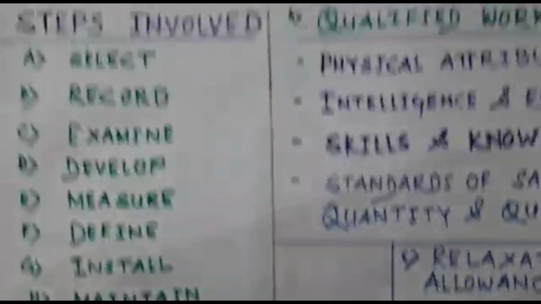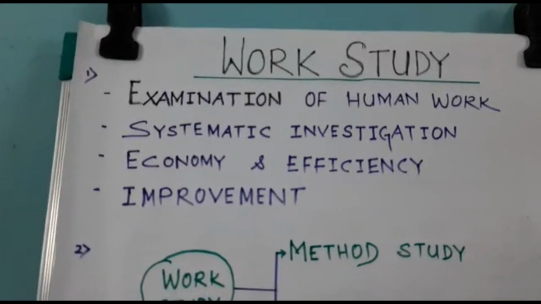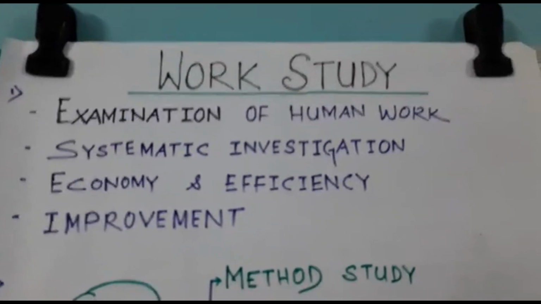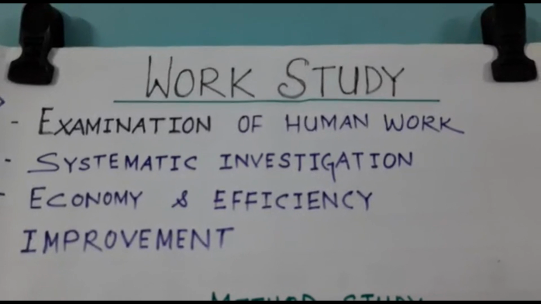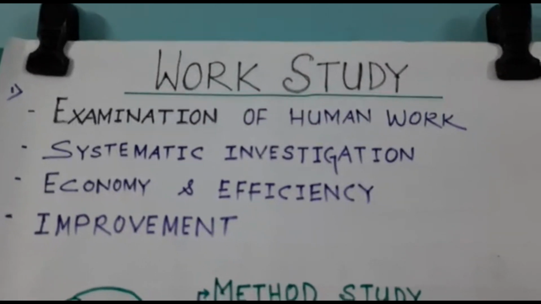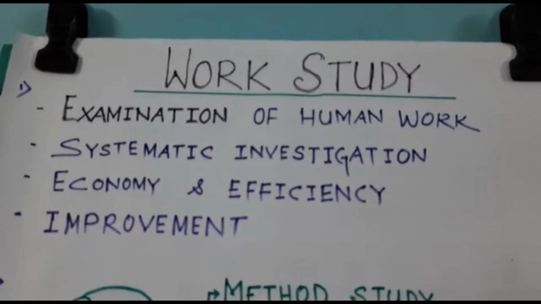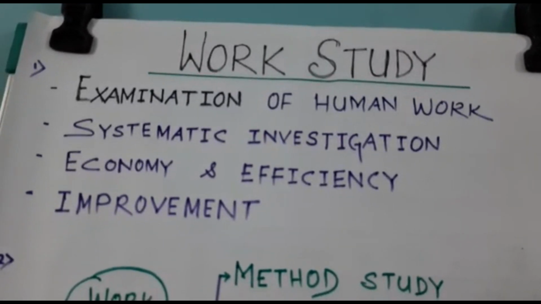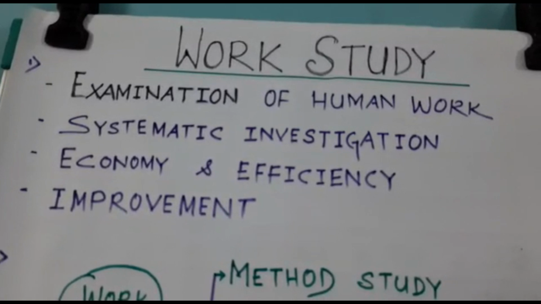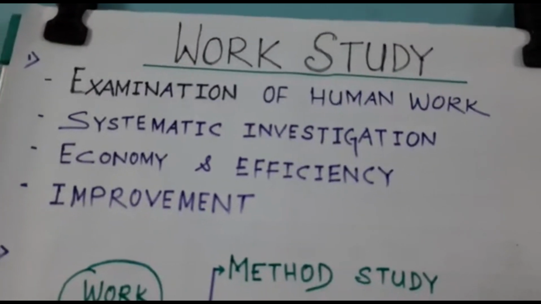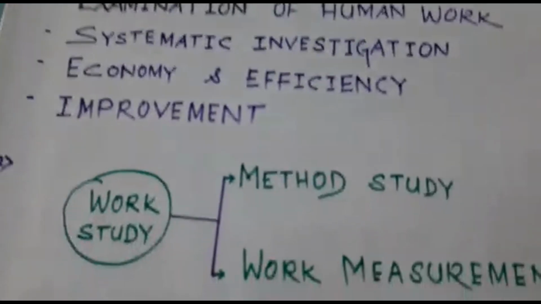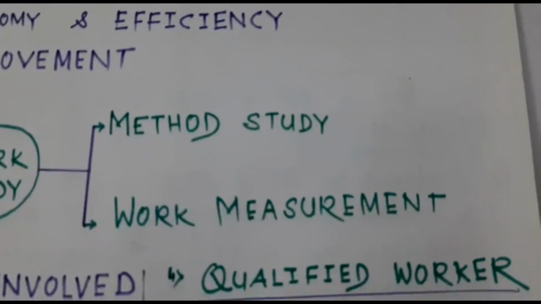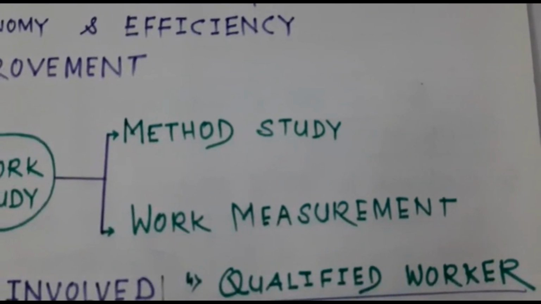So we have seen what work study is. You are examining human work in all its aspects so as to investigate systematically all the factors which can bring efficiency and economy to the system under study, thereby bringing some improvements. Then we have seen work study has two parts: method study and work measurement.